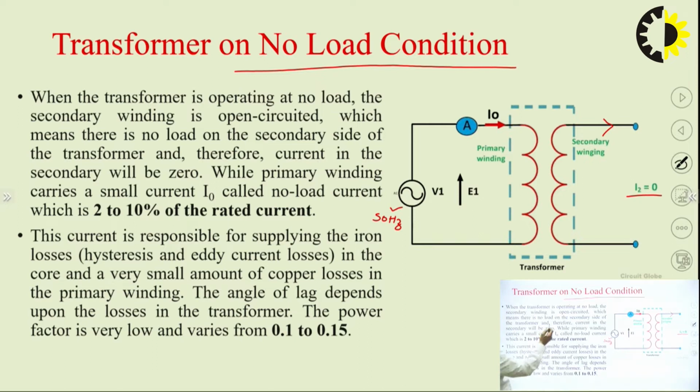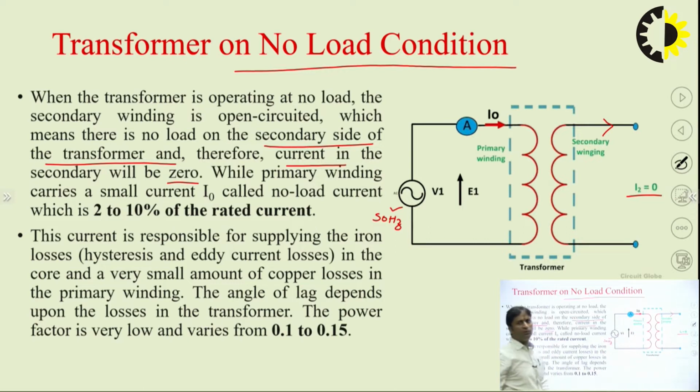When the transformer operates at no load, the secondary winding, as I just told you, is open circuited, which means there is no load on the secondary side, and therefore the current in the secondary will be 0.